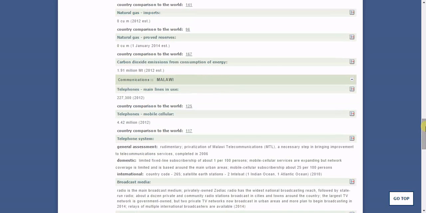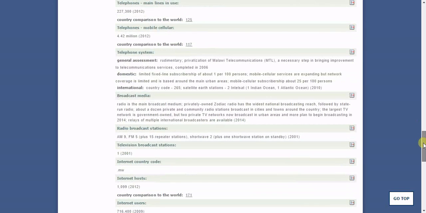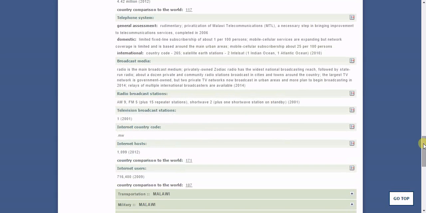So this is interesting. If you look at their telephones, they have 227,000 regular landline telephones, but 4.42 million cellular phones. So, like us, cellular phones are a really big, important part of their communications. It tells you about their radio. They only have a couple of radio stations, one broadcast television station.